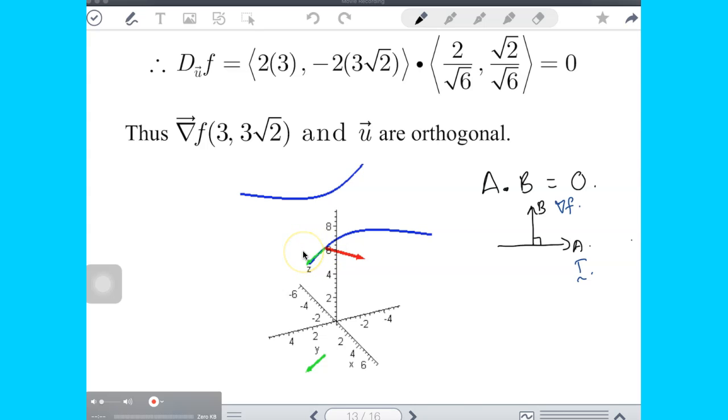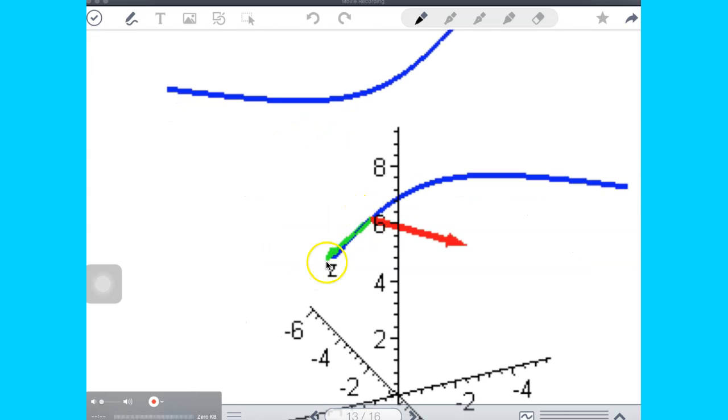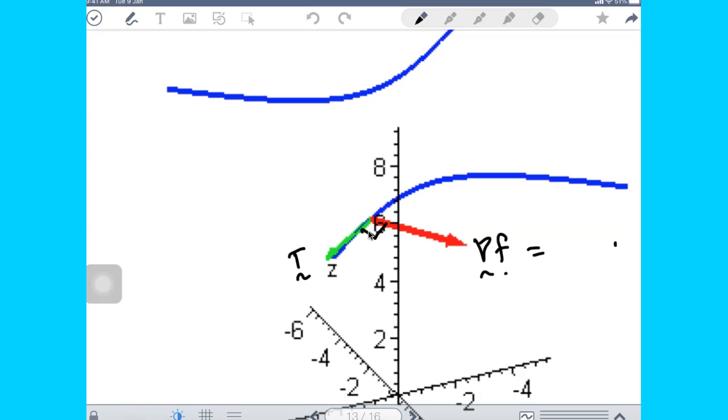The green color here is the unit tangent vector, and the red one is your gradient f. So this is your gradient f, and this one is T. Because we know that the gradient f and T are perpendicular, we can see that the gradient f is actually a normal vector.